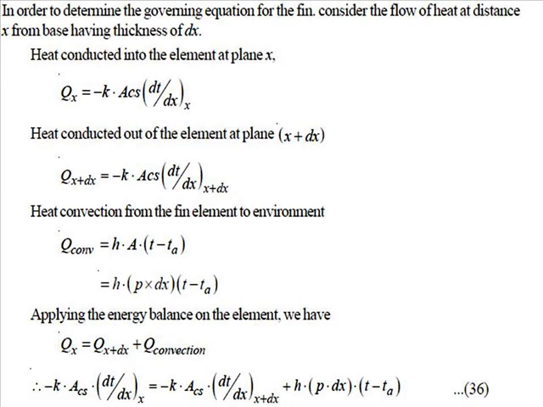So I hope the last equation, number 36, is very much clear to you. That is heat transfer from the body to the fin and to the surrounding, that is Qx equals Q of x plus dx plus Q convection.